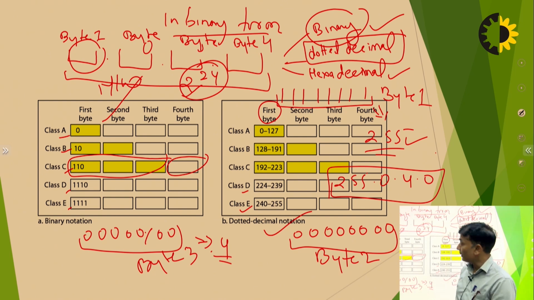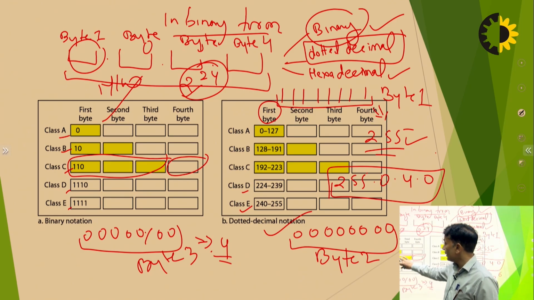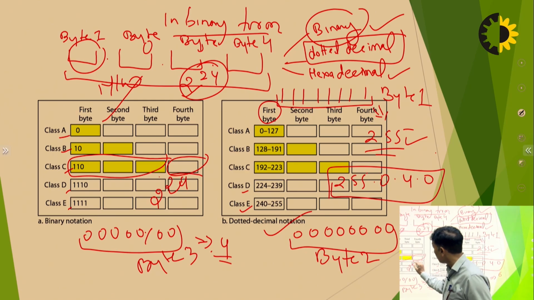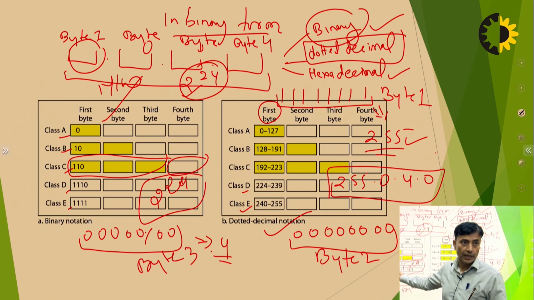What does it mean? It means class C has a larger number of networks, because of the network ID. How many networks can be designed here? 2 to power 24, since 3 bytes give 24 bits. This many networks may be designed using class C. And what is the network size?